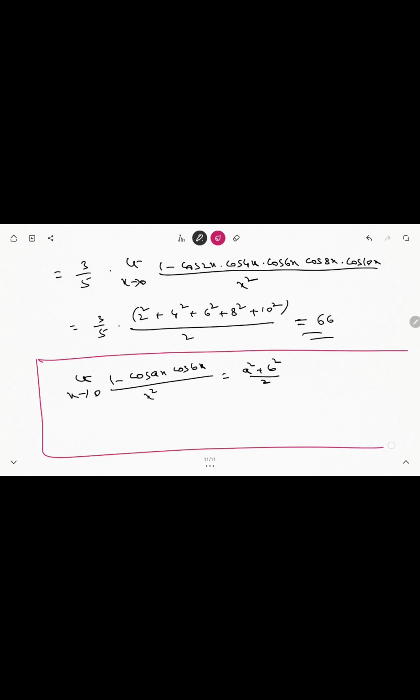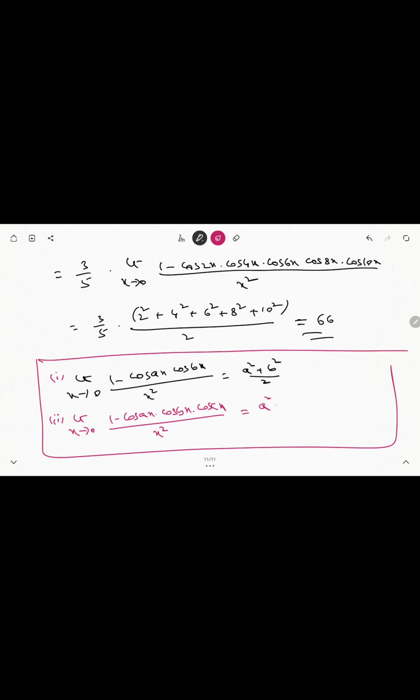This one, very important one to save time. So limit x tends to 0, 1 minus cos ax into cos bx cos cx by x square.